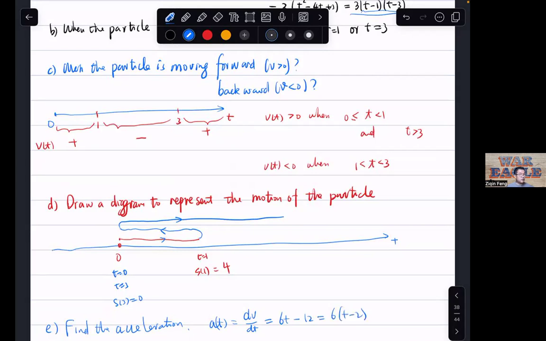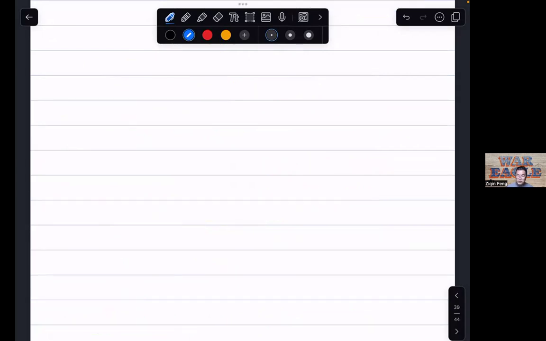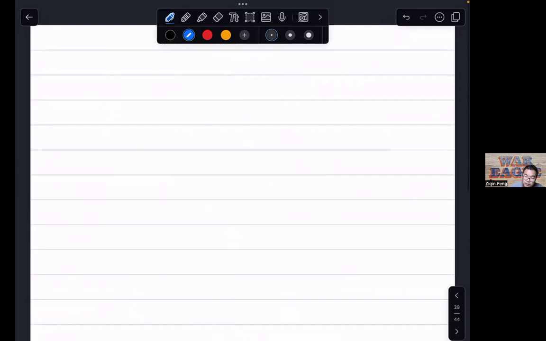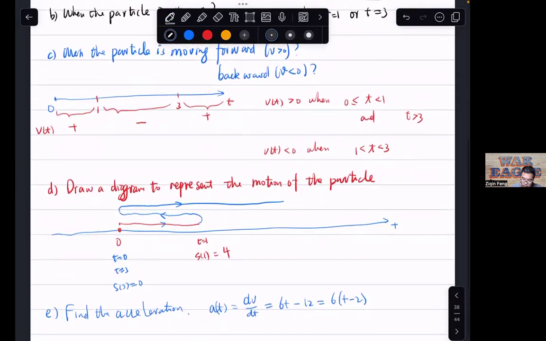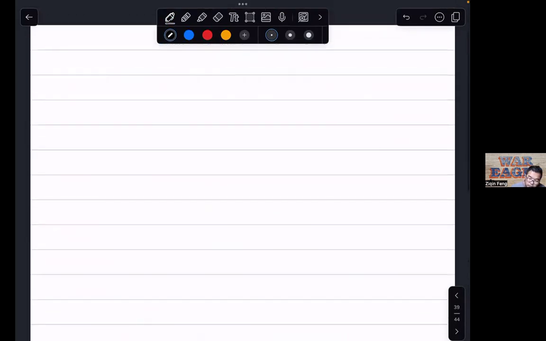Okay, now let's try to answer the last question. When we analyze the motion of the particle, the last one here is we want to know when the particle is speeding up and when the particle is slowing down.